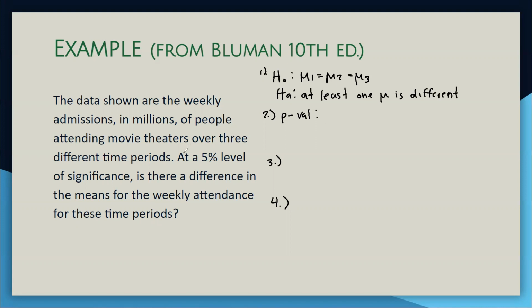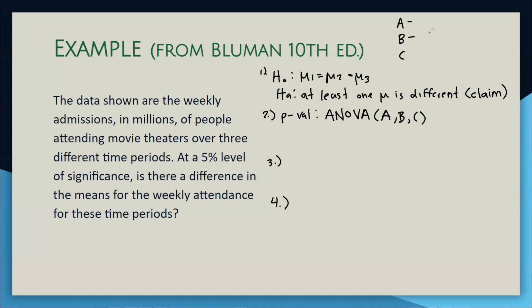In this case, it says, is there a difference in the mean? So the claim that we're testing is the alternative. Next, we're going to pull back up our GeoGebra to run that p-value command. And I know that it's going to be ANOVA. And my list names, I named them A, B, and C. And somewhere I should indicate what A, B, and C represent.